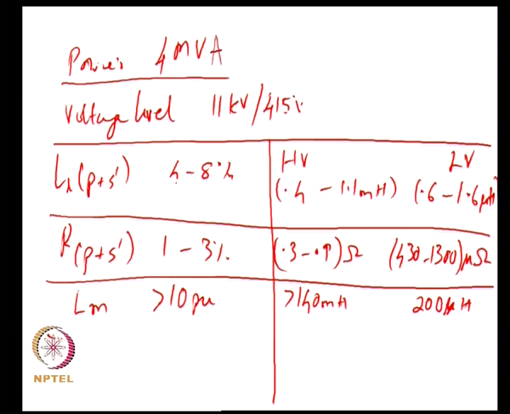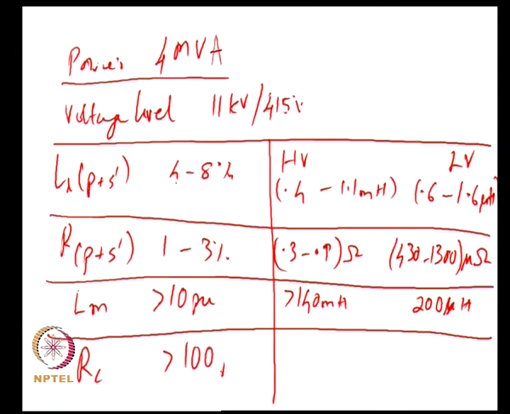Okay. If you are looking at the core loss term, you are talking of something which is greater than 100 per unit. So, you are talking of something greater than 3 kilo ohms on your high voltage side or 4.3 ohms on the low voltage side.